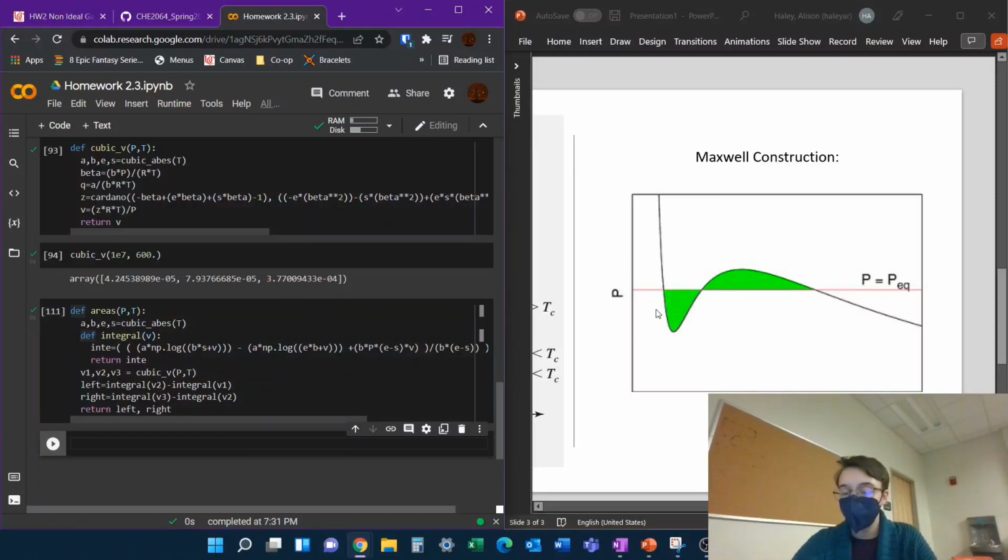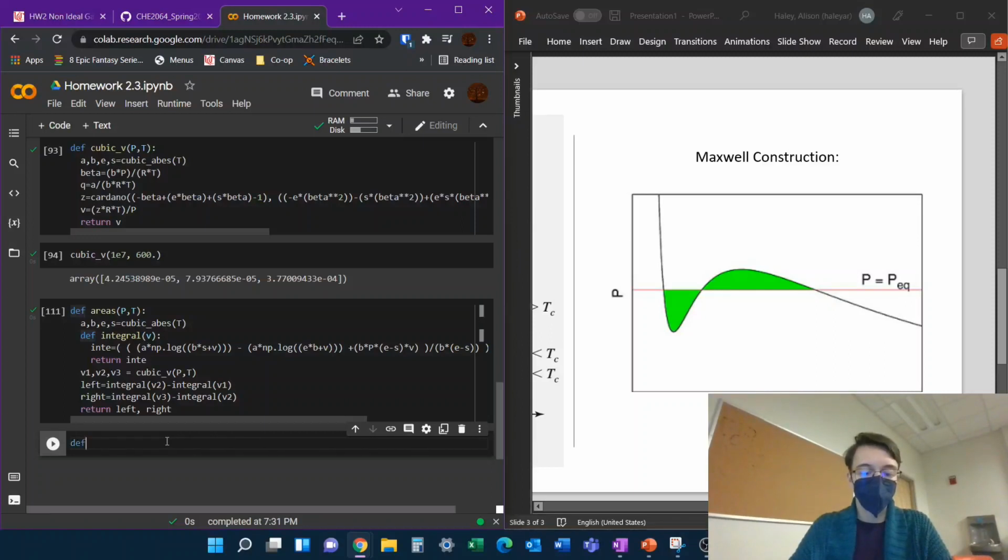And then we're going to have the areas function calculate these integrals for different values of P, and then we're going to have another function that's going to find the difference between these two, or I guess really the addition between those two, because one of them is going to be negative and the other positive. And so this one plus this one we want to equal 0, because then they will be the same magnitude. So let's do that.